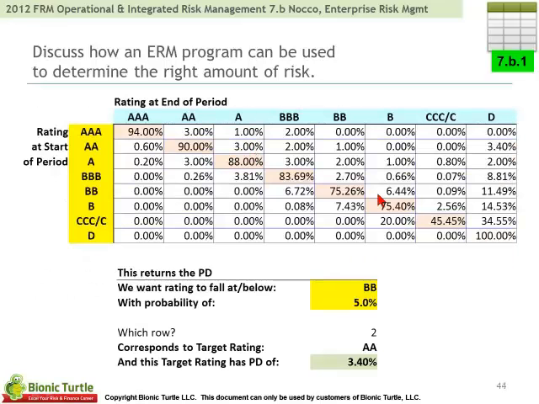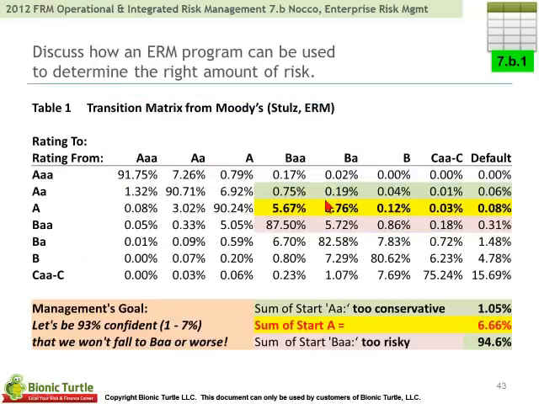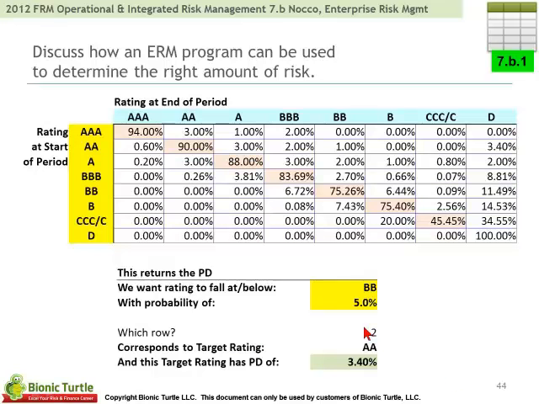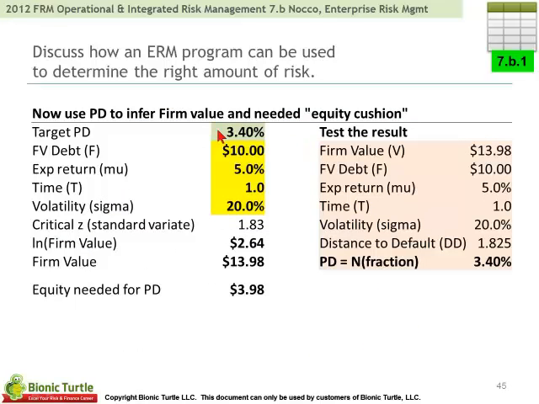Let me just go back to that just to show that. If we look at this second matrix here, if our target rating is AA, then that corresponds to a probability of default of 3.4%. Then the second step takes that probability of default of 3.4%.